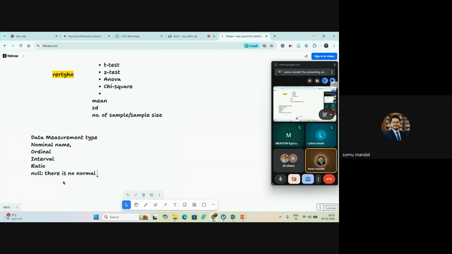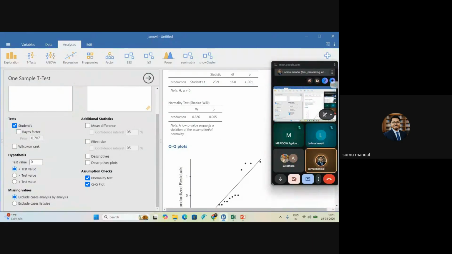So if your value is less than 0.05, the null hypothesis is significant, so there is no normal distribution. If the value is more than 0.05, the data follows a normal distribution, and you definitely consider it a parametric data set.